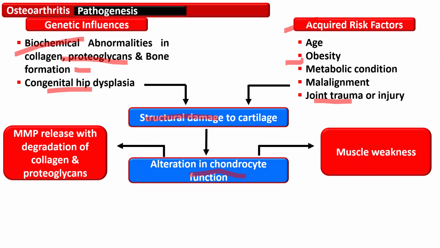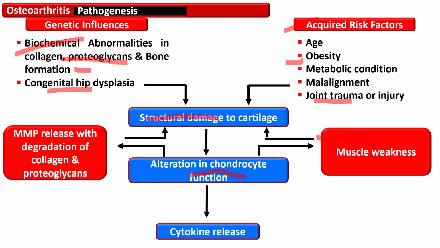And this chondrocyte dysfunction will lead to release of or alteration in the matrix metalloproteases, and there is degradation of the collagen and proteoglycan also. Also, there is muscle weakness present, and both these factors can further lead to articular cartilage dysfunction.